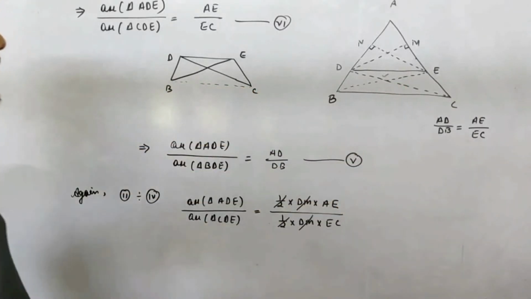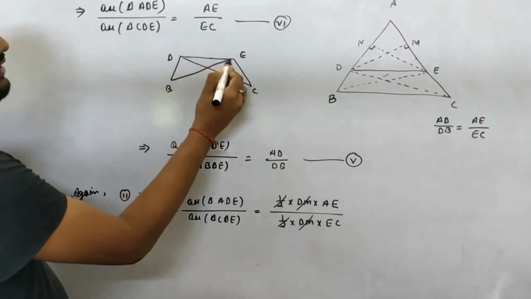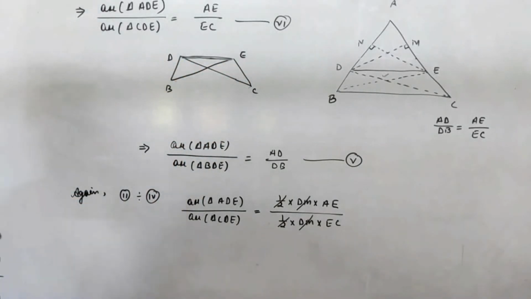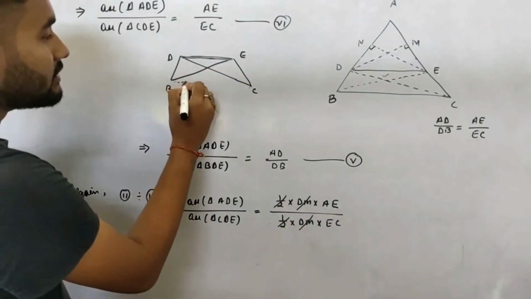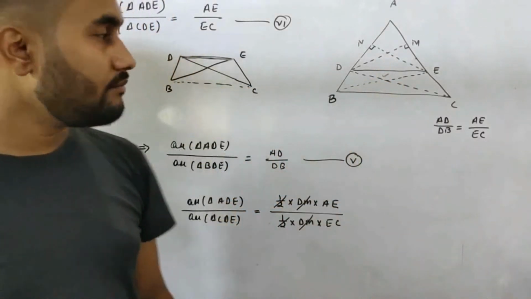This is BC. So you see these two triangles are lying on the same base, DE. DE is the common base of these two triangles, and between the parallels or not? In the given part, what we have written is that DE is parallel to BC.